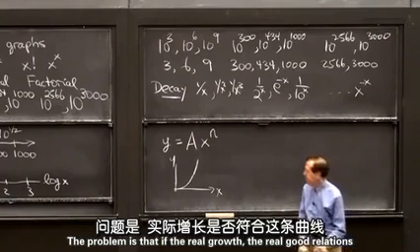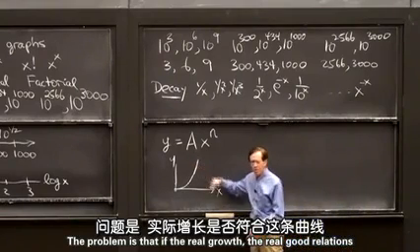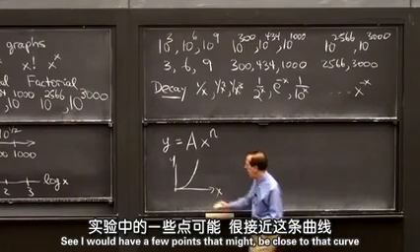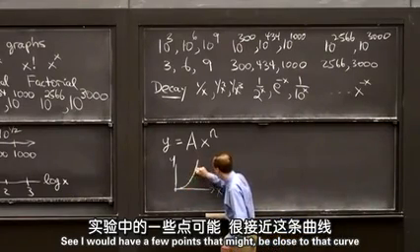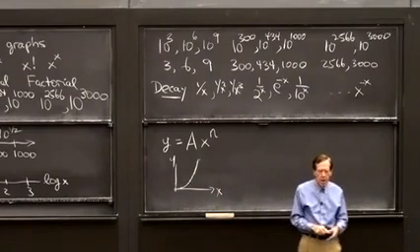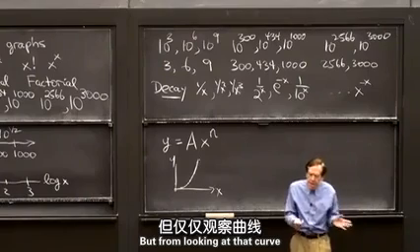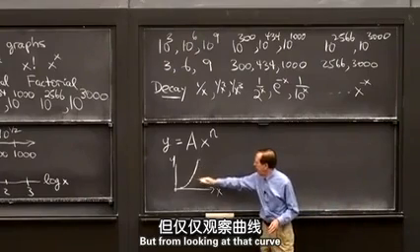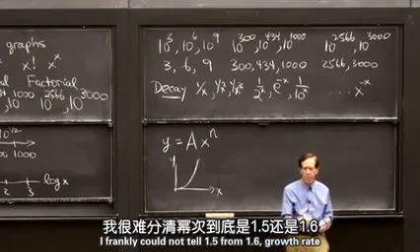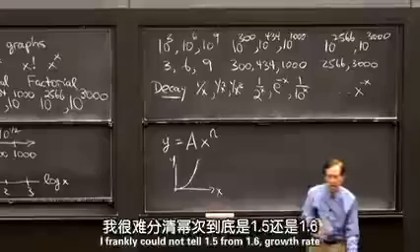The problem is that I would have a few points that might be close to that curve, but from looking at that curve, I frankly could not tell a 1.5 from a 1.6 growth rate.